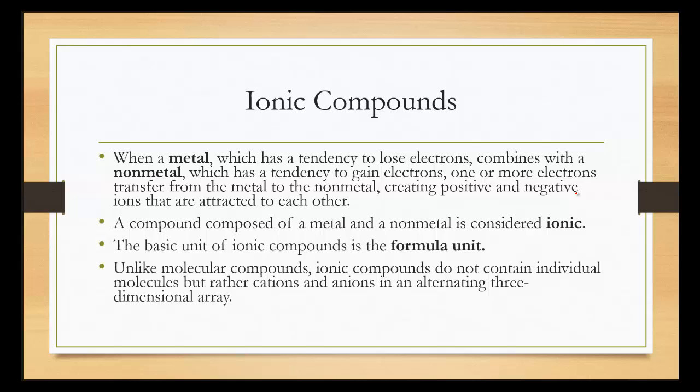When a metal, which has a tendency to lose electrons, remember losing electrons makes it more positive, so that means that's going to be a cation, is combined with a nonmetal, which has a tendency to gain electrons, one or more electrons transfer from the metal to the nonmetal.